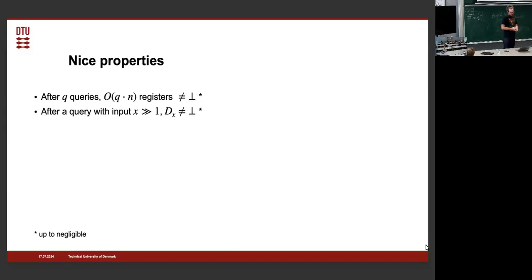Also, another good thing is after a query with input x, if the input is large compared to 1, then dx is not equal to bottom, because the position x is always active on input x. This basically is what happens. Also, it turns out that it lends itself to a progress measure based query bound technique.